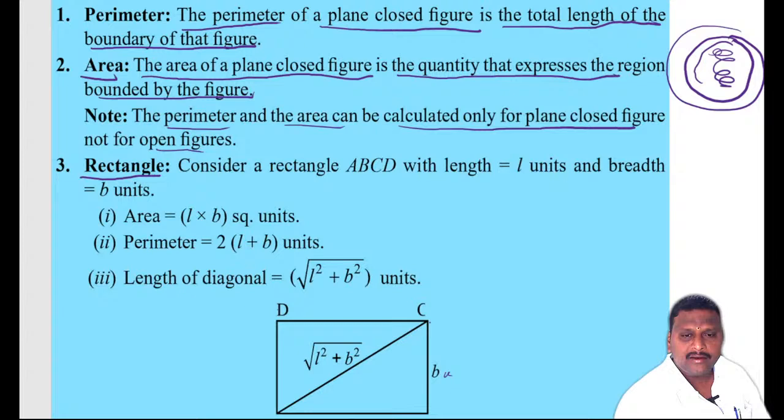Then the area of the rectangle is... I have said to you already that area means this line and this line, going in a way like this. Starting here and going all around, that is called the area. This is all the area of this figure.